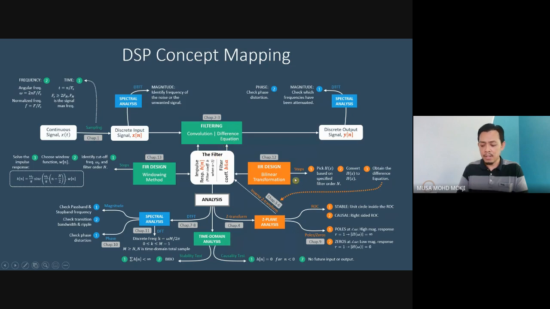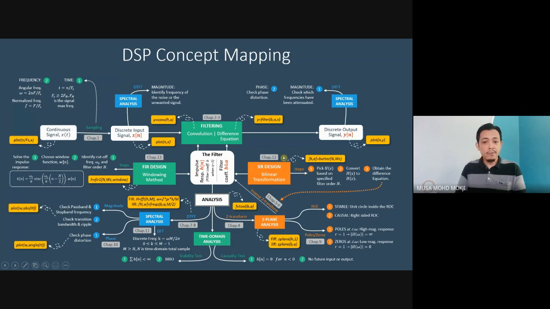But in our last 3 weeks, we will see how to design the filter. So the filter is not given to you, but we just give you specification that you need to design the filter. So before we can design, we need to understand the filter first. So that's why we have a lot of analysis on it, before we can do the design. And this will be very helpful for your assignment.